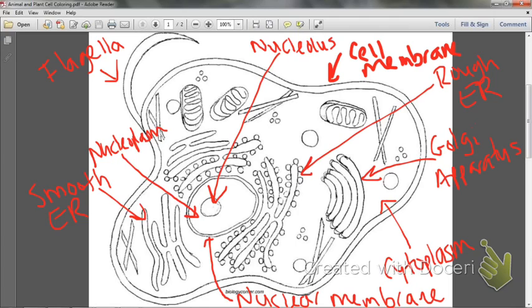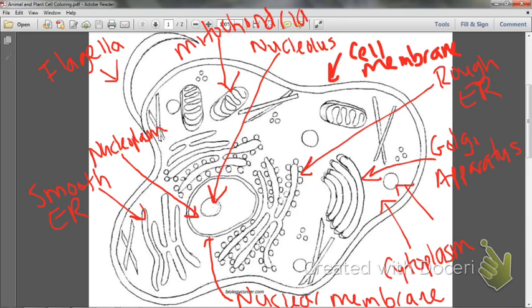Next, we have mitochondria. These kind of look like little sausages inside of the cell. And so we have 3 of them in this cell. This right here would be our mitochondria. The lysosomes, these are small circles that are going to break down the waste inside the cell.